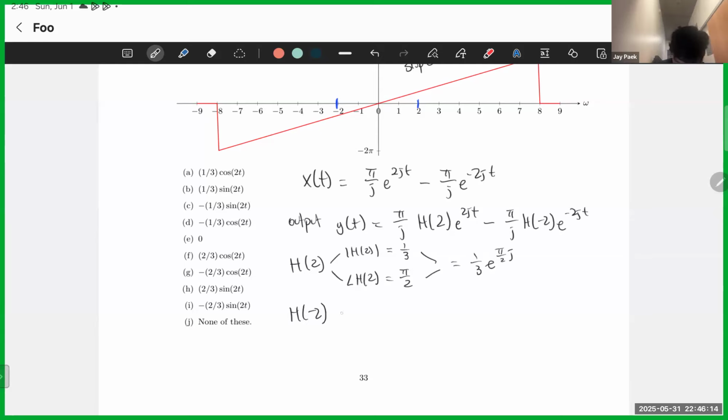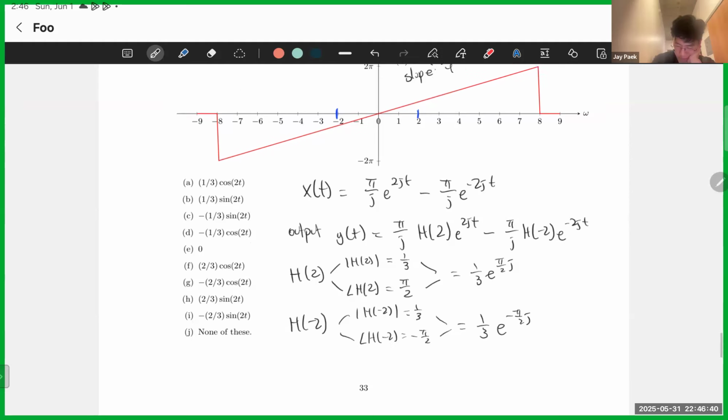Similarly, h of negative 2 will follow similarly. Sorry, my neck hurts a little. We could obtain the magnitude, and we could obtain the angle separately using the graphs. I believe it's 1/3 again, and this is negative 1. So combining these two again, we get 1/3 e to the negative pi over 3j.